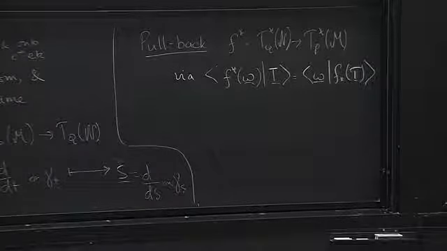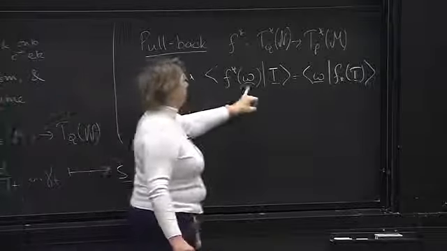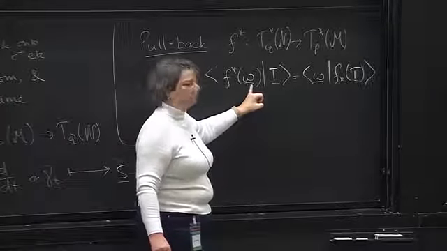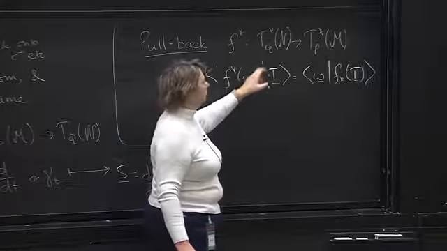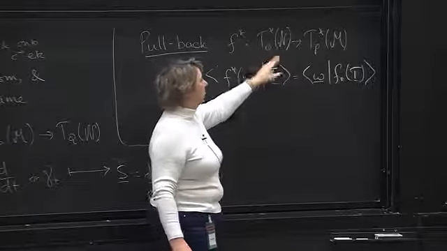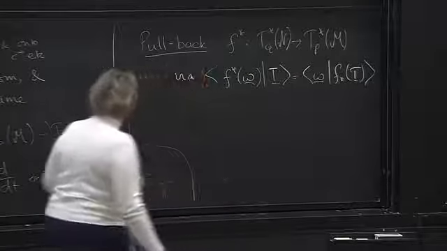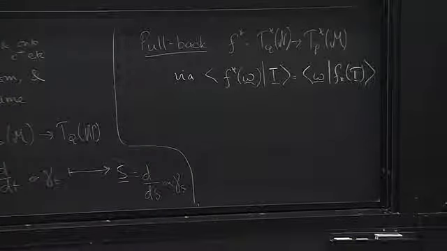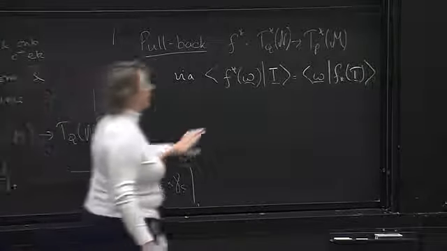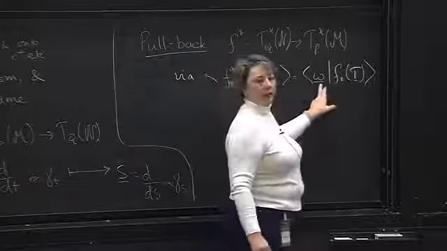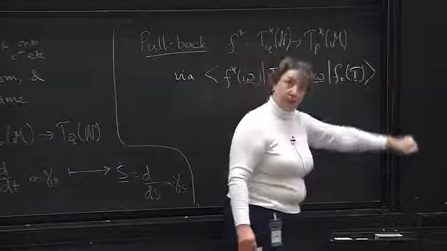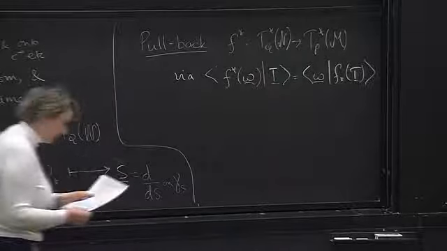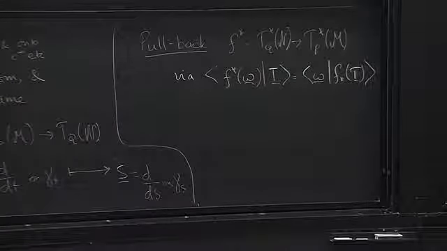So our pullback here of an omega that is in T_q star of N, acting on the vector t, is defined as the one form omega acting on the push forward of t, which is s. Okay. So that's how we define these maps.